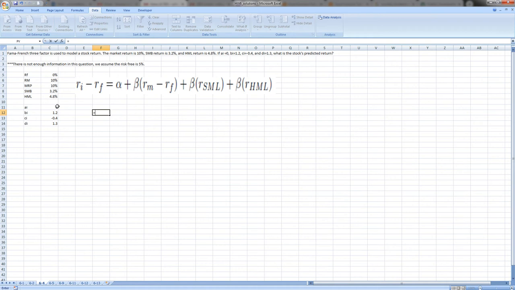And then we'll say we move the risk-free rate over to the right-hand side, plus, we can even exclude that for now, so we'll just say beta i, or the slope coefficient for the market return, times the return in the market plus the second slope coefficient times the small minus big or small minus large value plus the third beta coefficient for high minus low times that return. And so what do we get?